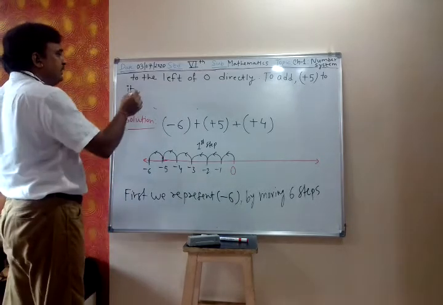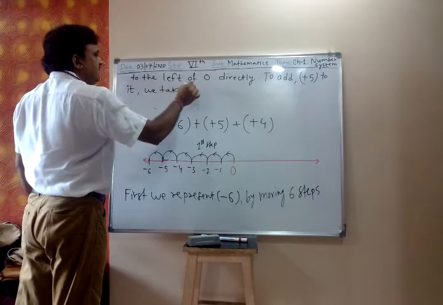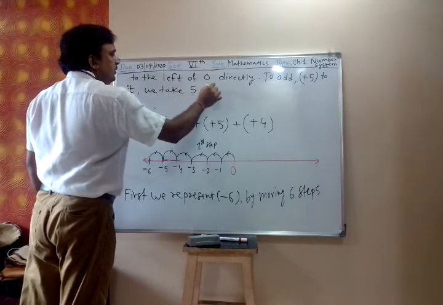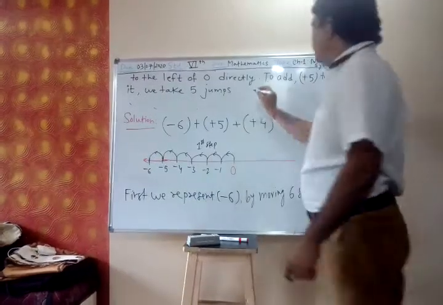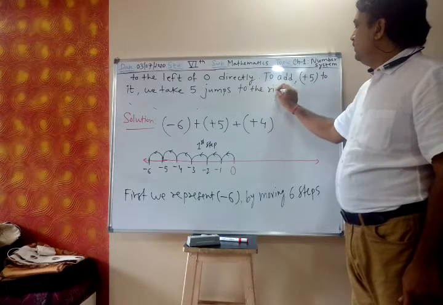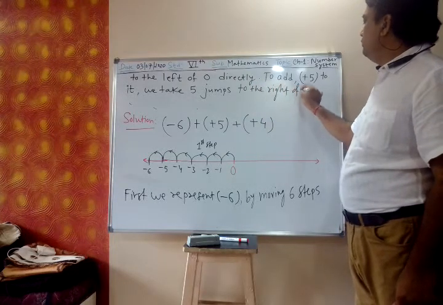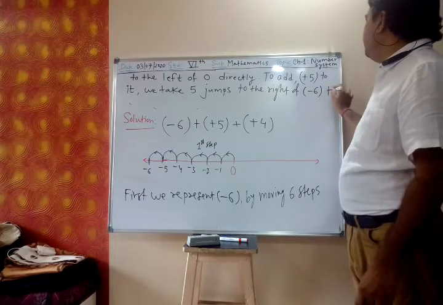To add plus 5 to it, we take 5 jumps to the right of minus 6 to reach the point.